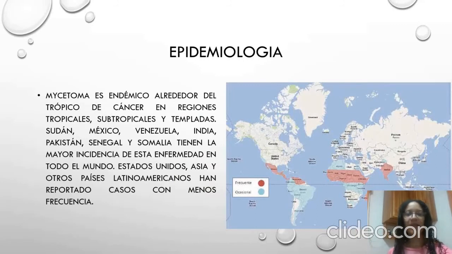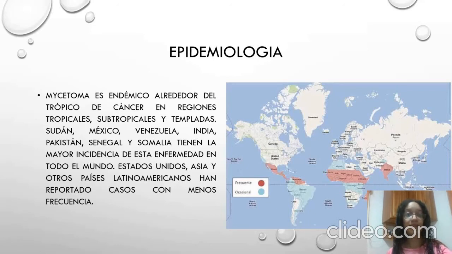Epidemiology. Mycetoma is endemic around the Tropic of Cancer in tropical, subtropical, and temperate regions. Sudan, Mexico, Venezuela, India, Pakistan, Senegal, and Somalia have the highest incidence of the disease worldwide. The United States, Asia, and other Latin American countries have reported cases less frequently.